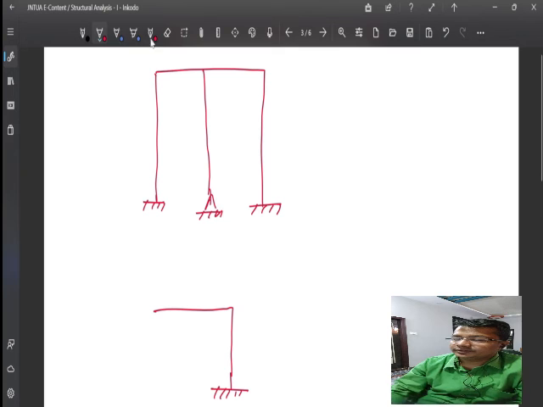This one. So let's solve one by one. Then we will go to the next concept.